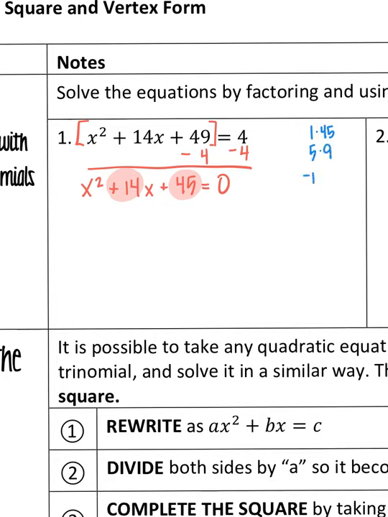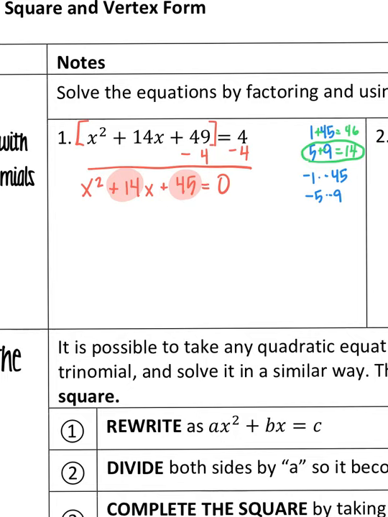Or -1 times -45 and -5 times -9. So when I go back in and I add them, this equals 46. This equals 14. So here's our answer, 5 and 9.